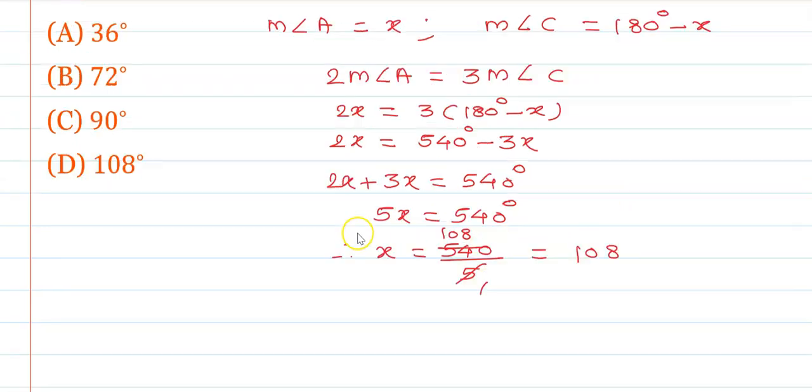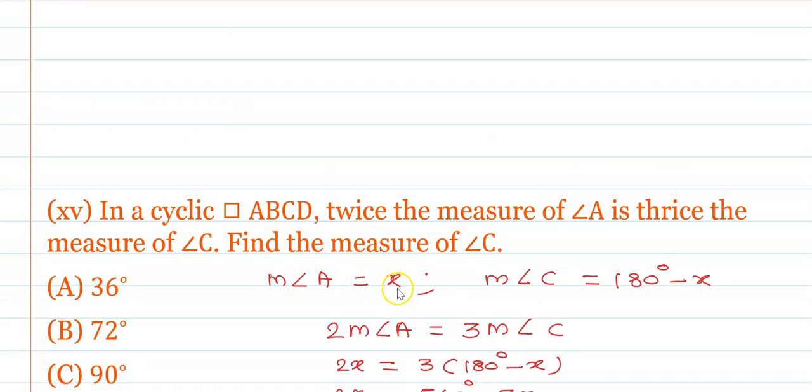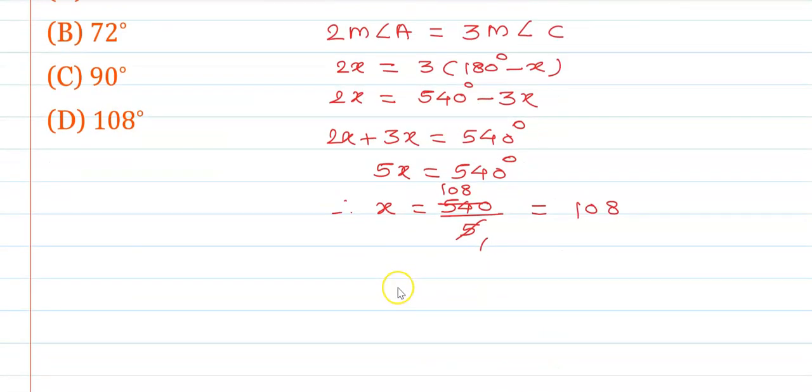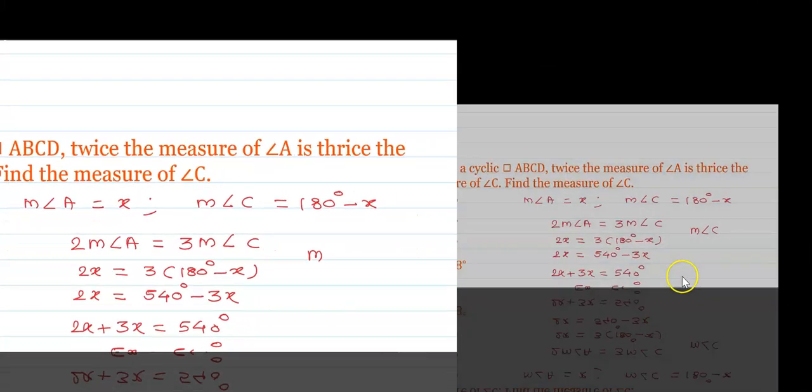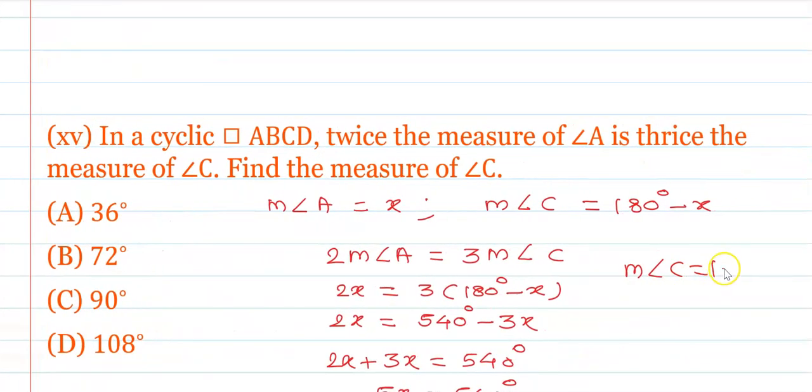The measure of angle A is 108. What about the measure of angle C? The measure of angle C is equal to 180 minus 108, and hence you will get 72. Therefore option B is the correct one.